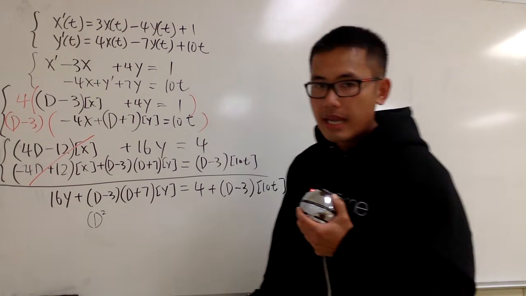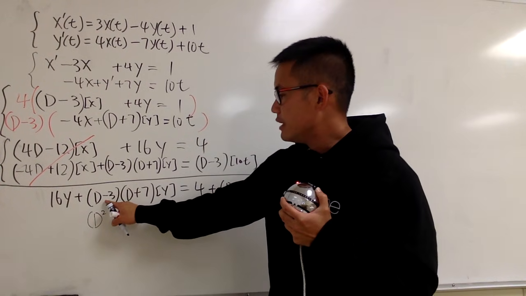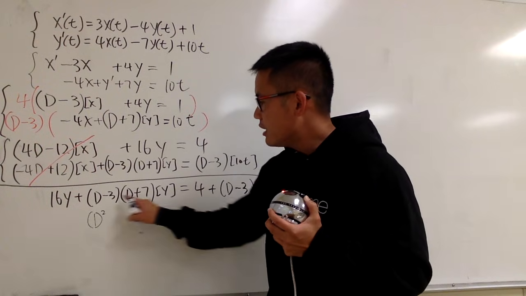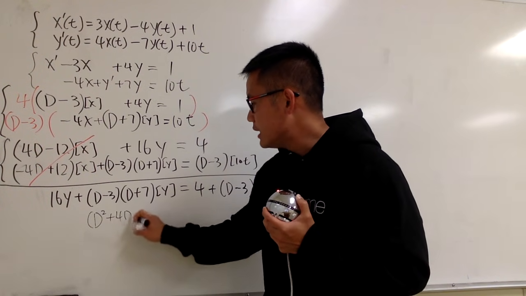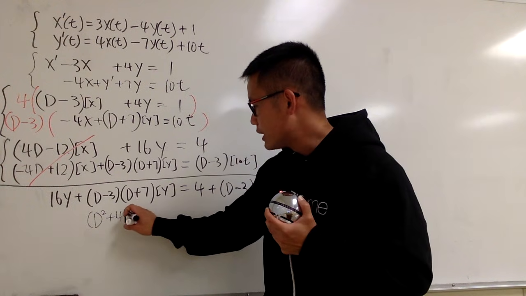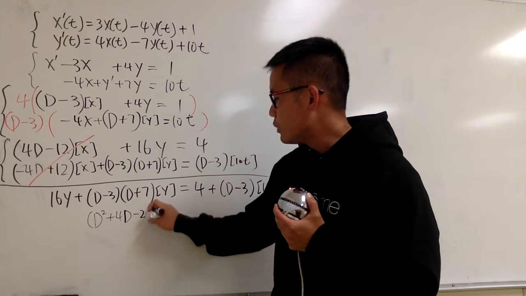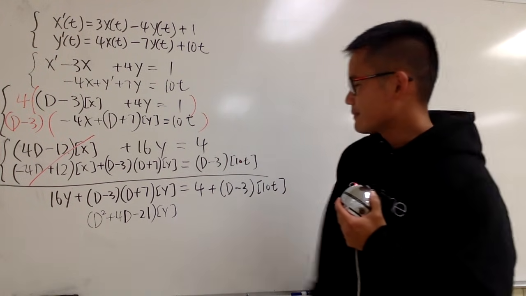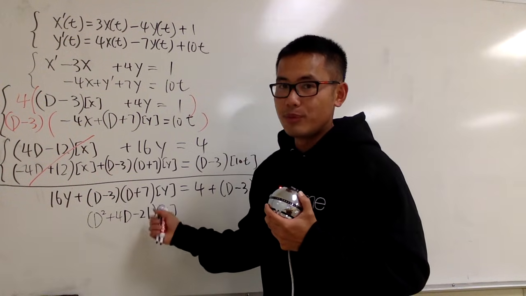And then d times 7 is 7d, but negative 3 times d is negative 3d. 7d and negative 3d together give us positive 4d. And then negative 3 times 7 is negative 21. And now this is applying to y. So this is the new thing that I'm looking at.